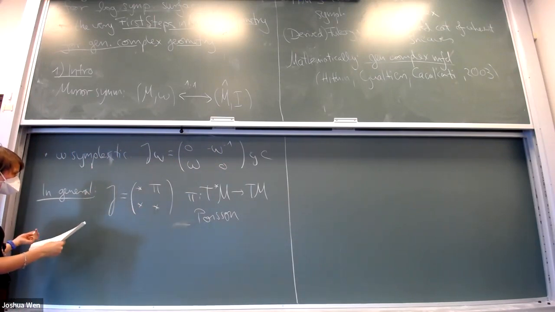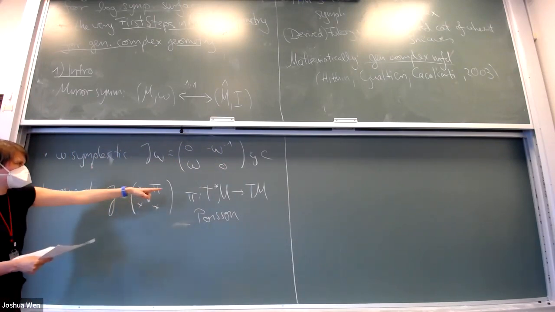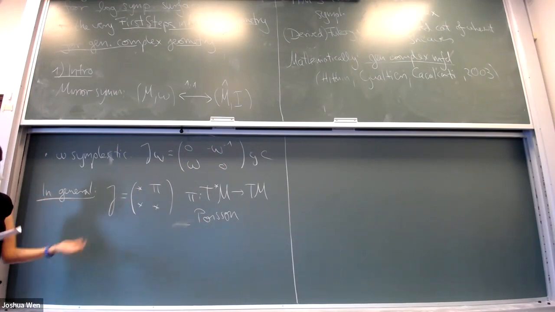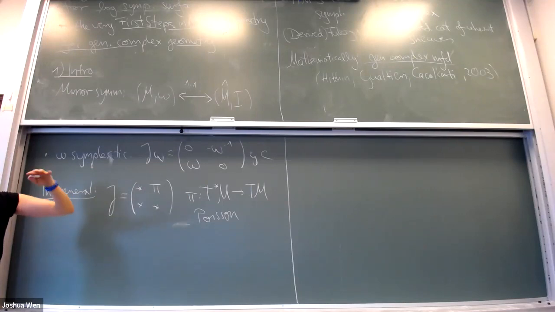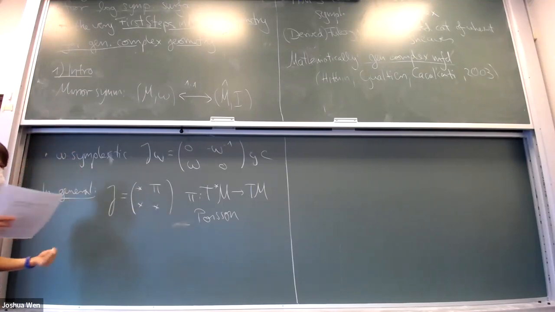And what is the extra data? So the Poisson structure foliates M into a symplectic foliation. That is a property every Poisson structure has. And then the generalized complex part is that on the transverse directions to the symplectic foliations, there will be a complex structure.